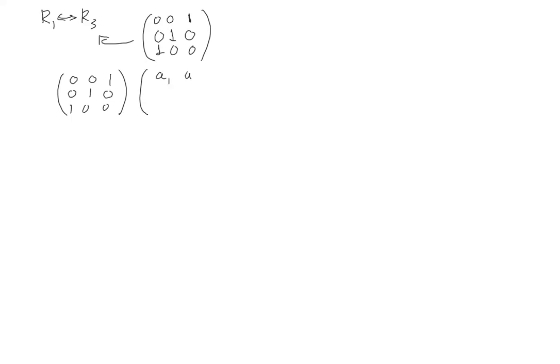So let's apply this to a generic matrix. So A1, A2, A3, B1, B2, B3, C1, C2, C3. And you're going to get 0, 0, 1 times each of the columns is going to give you what? C1, C2, C3 on the top.